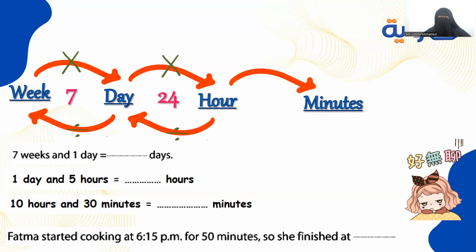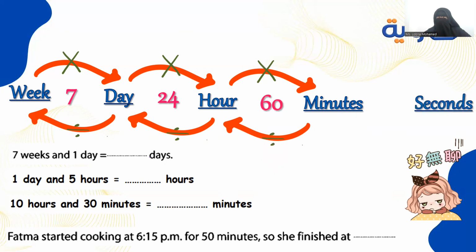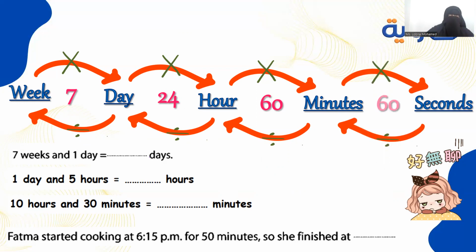So we have to multiply by 60. And the inverse, you have to divide by 60. What about from minutes to seconds? In 1 minute we have 60 seconds also. So we also multiply by 60, and from seconds to minutes we divide by 60. I think now we can solve this question.